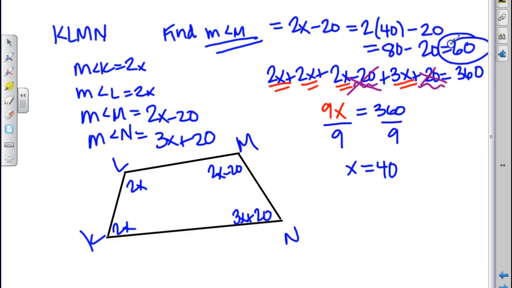So the measure of angle M is 60. We could find every single one of these, couldn't we? Why don't you go ahead and do that? Pause the video and go ahead and find the rest of these angles. So now that you're back, angle K is 2 times 40, which is 80, and so is angle L. And angle N is 3 times 40 plus 20, so 120 plus 20 is 140.